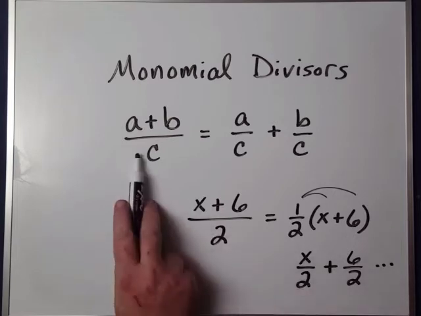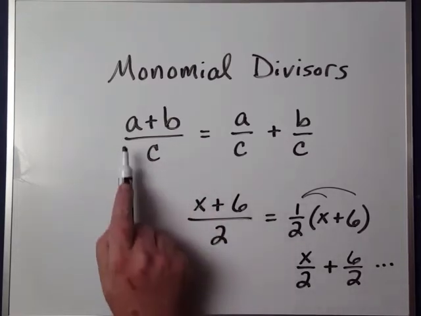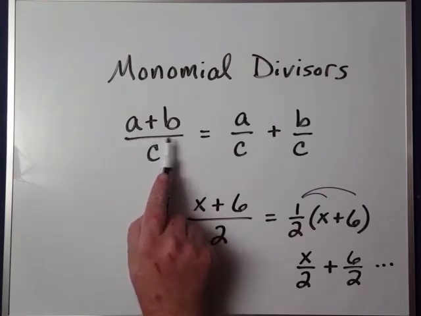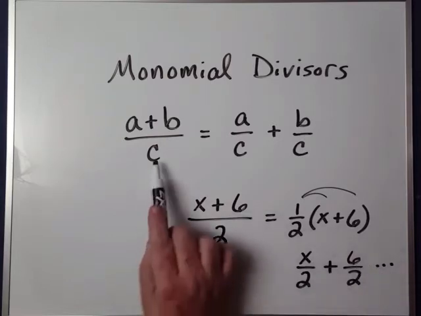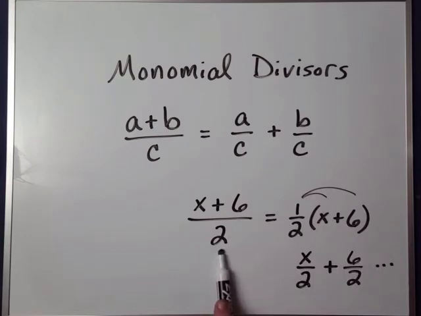But look how my rule applies to this situation. I can take every term in this numerator, the x and the 6, and divide each and every term by that denominator, by that divisor. Divide every term by 2.